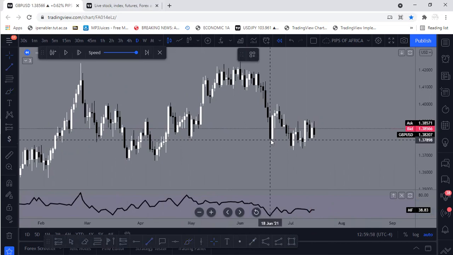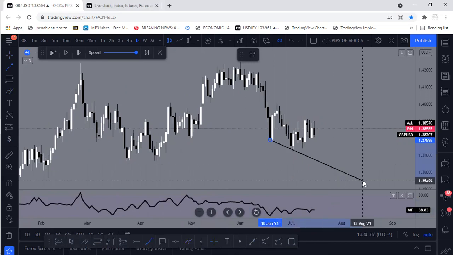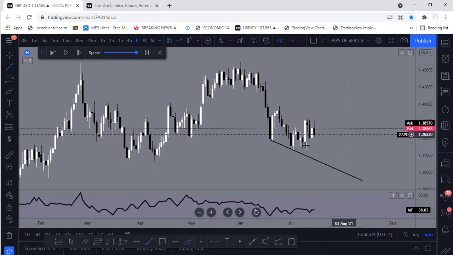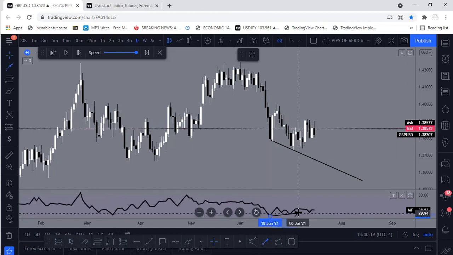It started from this low up to here, right? We saw this order block here. The divergence was already there. If you check here, from this low to this one, the divergence was already there.